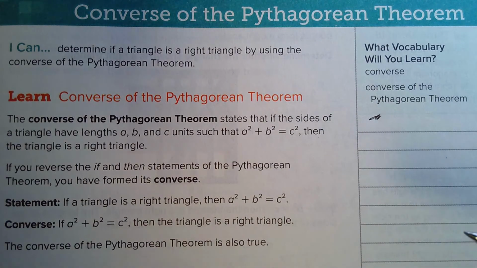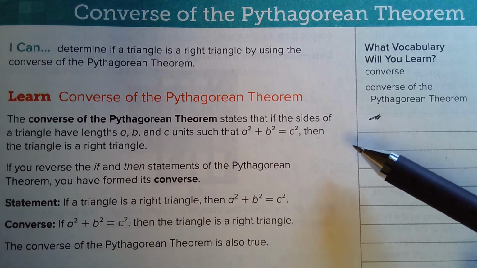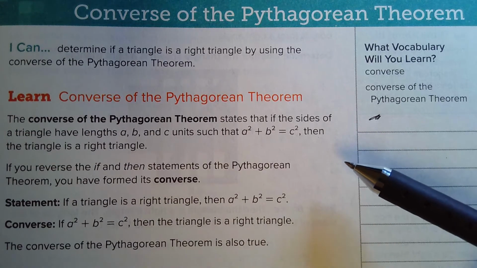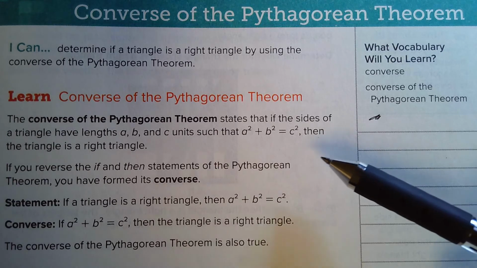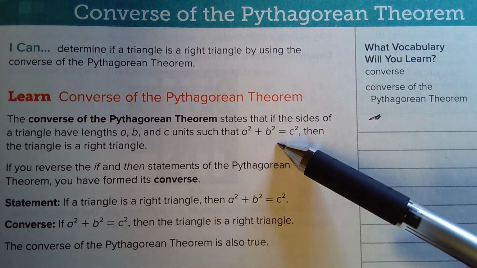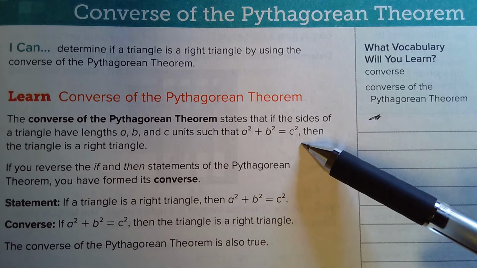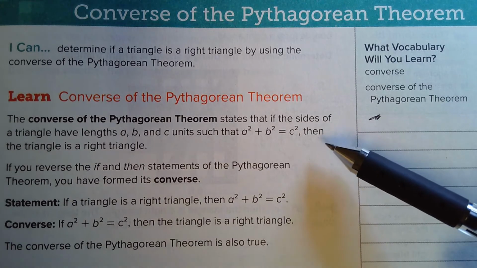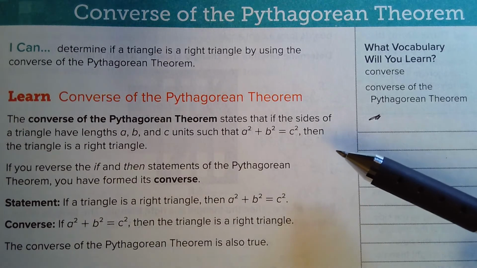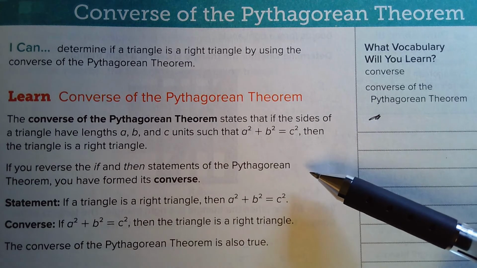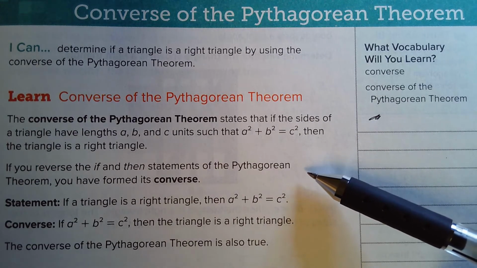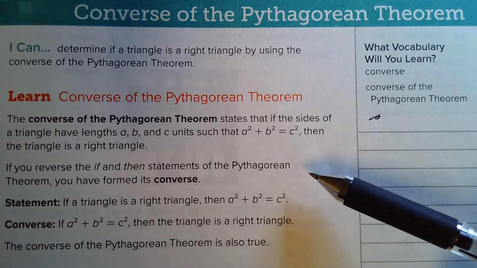The converse of the Pythagorean theorem states that if the sides of a triangle have lengths A, B, and C units, such that A squared plus B squared equals C squared, then the triangle is a right triangle. If you reverse the if and then statements of the Pythagorean theorem, you have formed its converse.